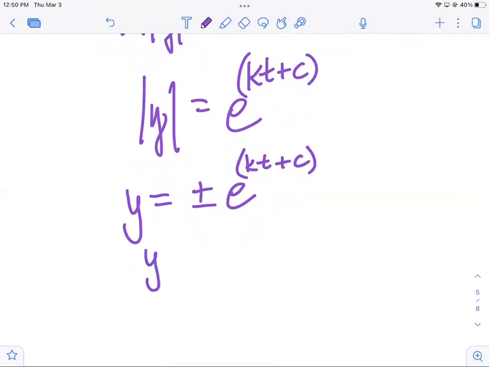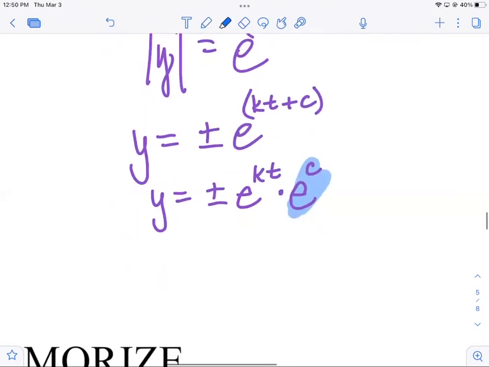So what's the little trick that we did on our first example today? E to the kt times e to the c. And since we are not committed yet to our final solution, e to the c can be called new and improved c, okay?